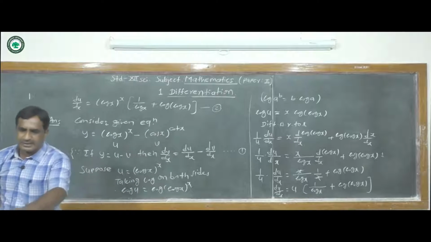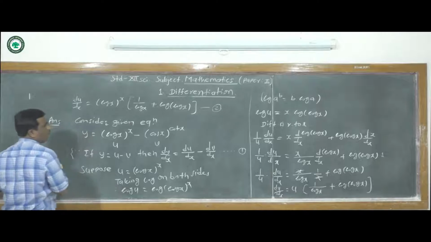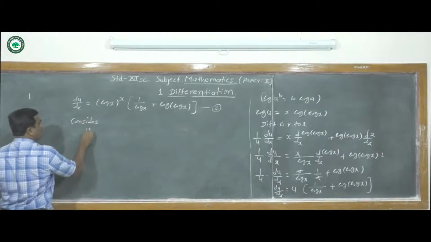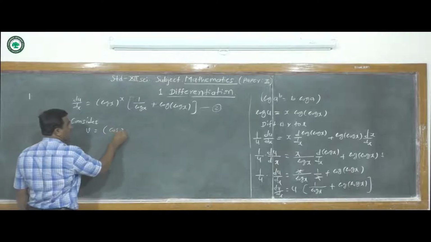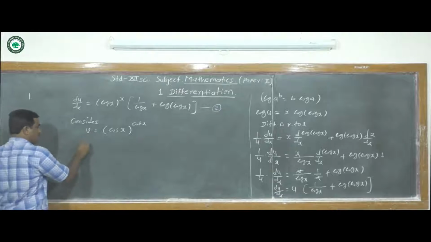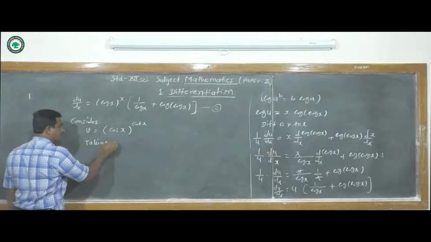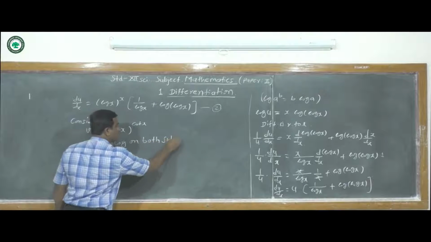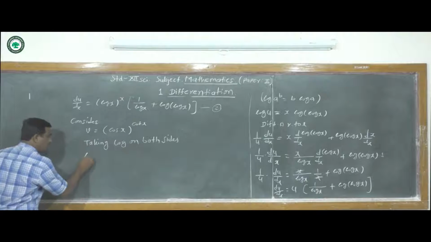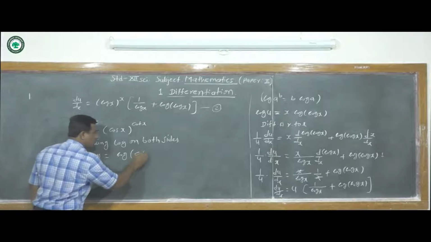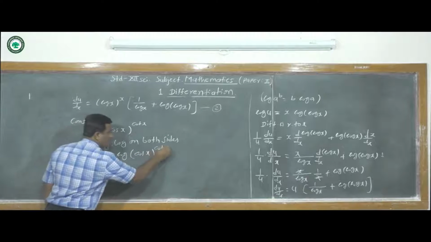Now consider the second function, that is v equal to (cos x) raised to cot x. Here also taking log on both sides, we get log v is equal to log of (cos x) raised to cot x.